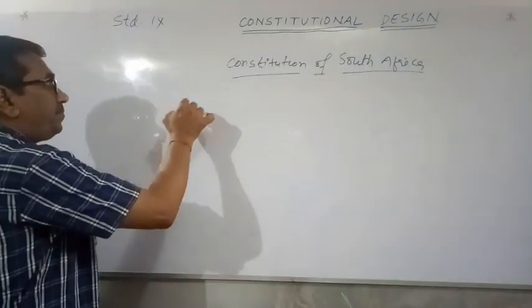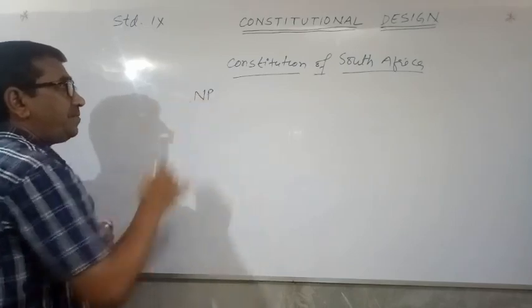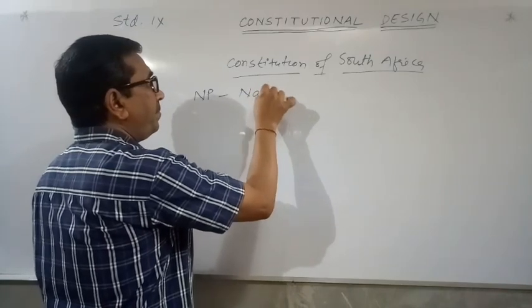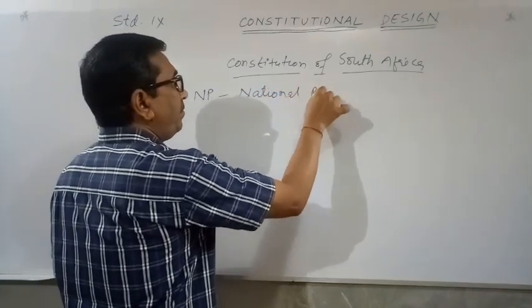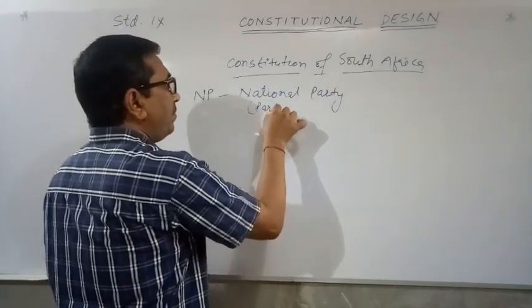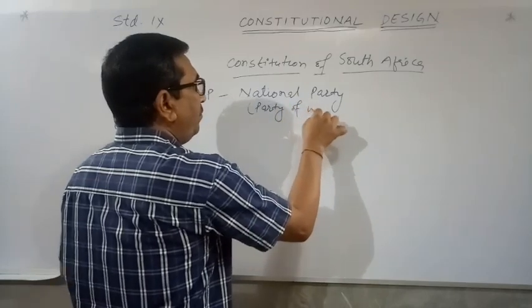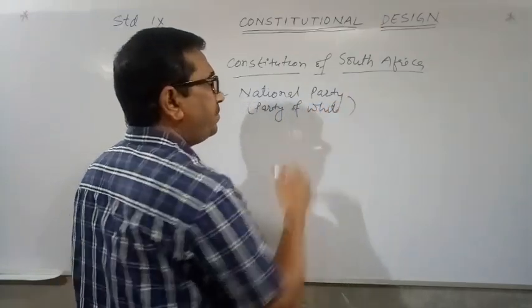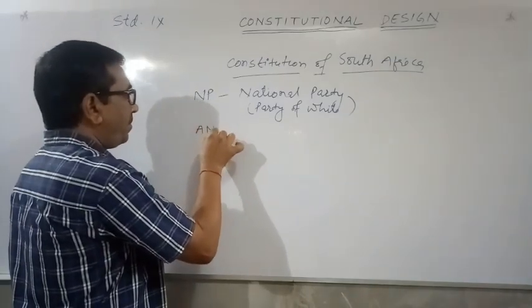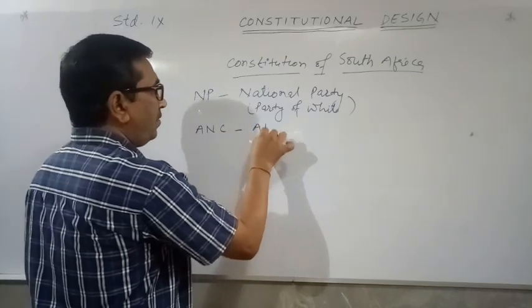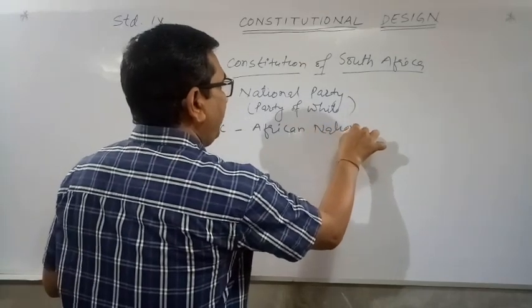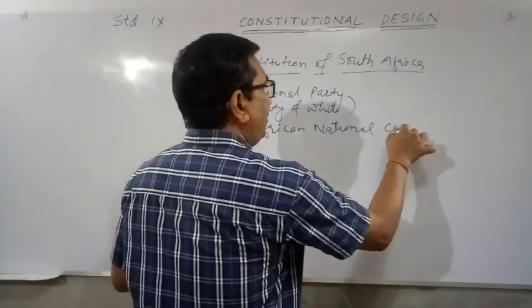One was the NP, the National Party, which we can say was the party of whites. And the other was the ANC, the African National Congress.